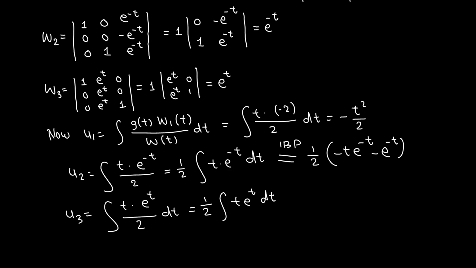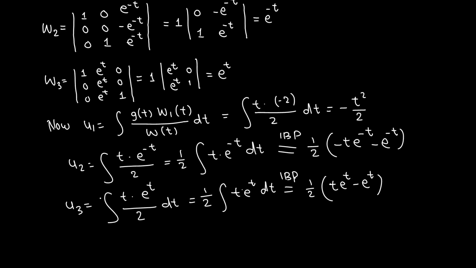This is also a product of two functions, so we need to use integration by parts. IBP, 1/2, and doing this on the side, you get t e^t minus e^t. Now we have u1, u2, u3.